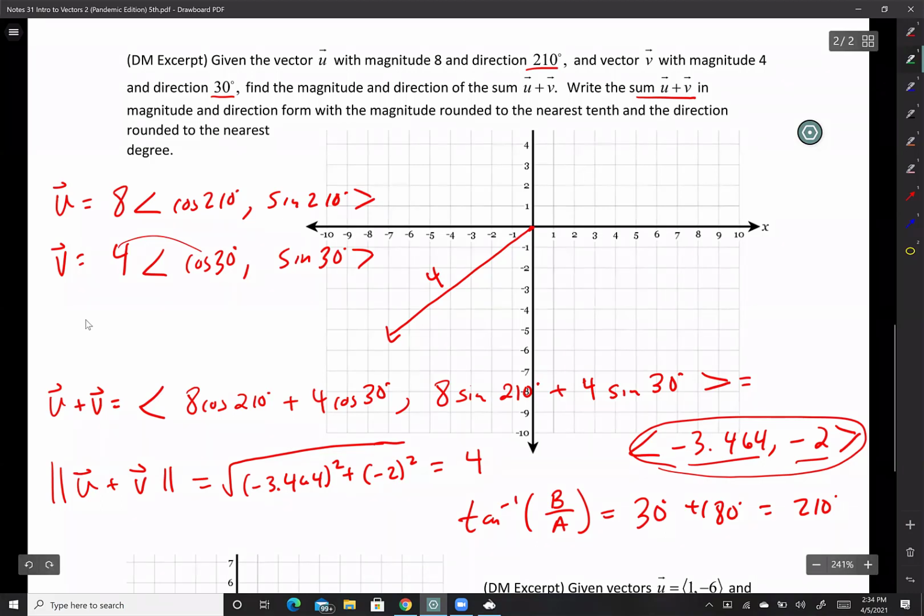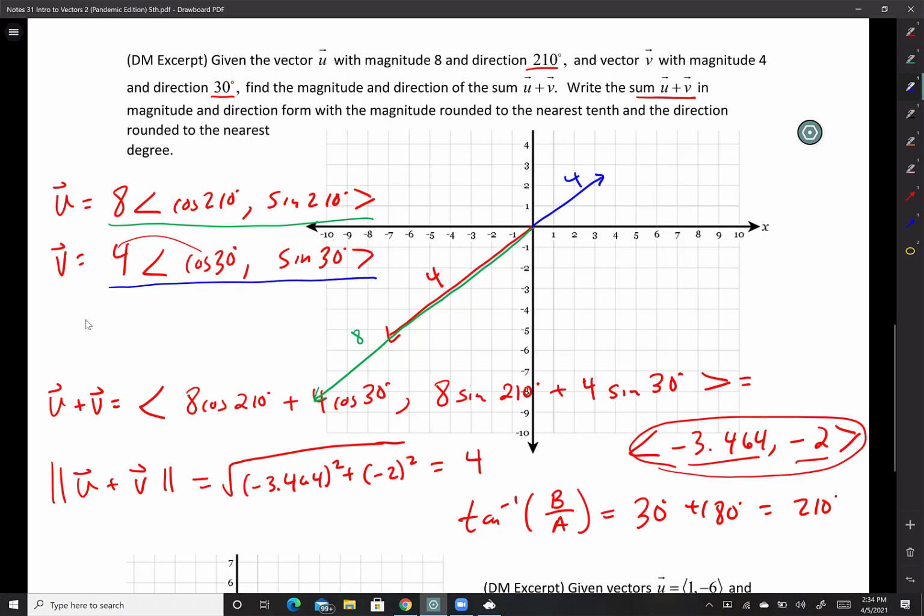And that's because this one right here, I'm going to put that one in green. That one looks something like this, 8. And then the other one, I'm going to put it in blue. It looks something like that, 4. So it makes sense. Think about it. The green one is 8. The blue line is 4. So 8 minus 4 gives you 4. And you're still going to be on this line because the 8 is bigger than the 4.